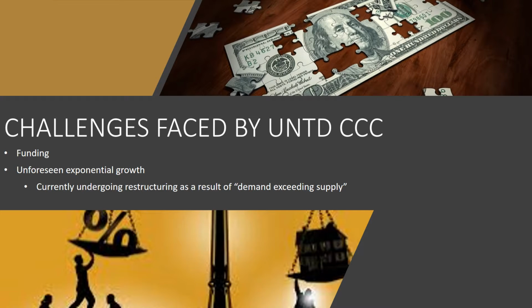Challenges faced by UNTD's Community Counseling Clinic include funding and unforeseen exponential growth. As a result of its growth, the clinic is currently undergoing restructuring. Basically, the demand exceeded the supply.